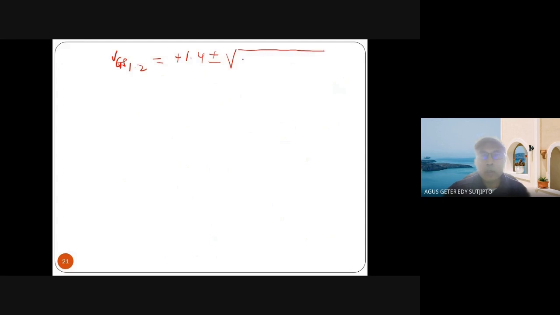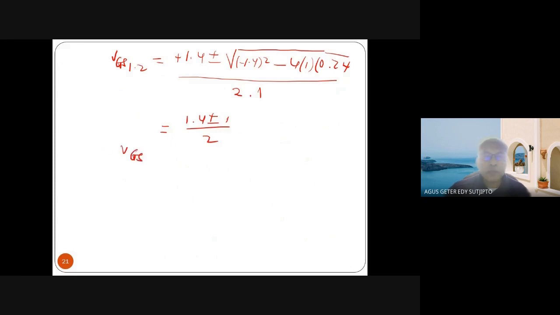Then VGS 1 and 2 equal positive 1.4 plus or minus the square root of minus 1.4 squared minus 4 multiplied by 1 multiplied by 0.24, then over 2A, where A is 1.